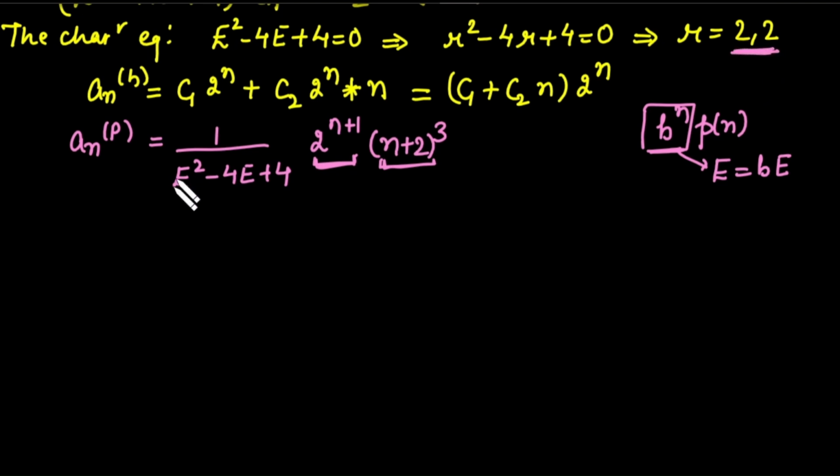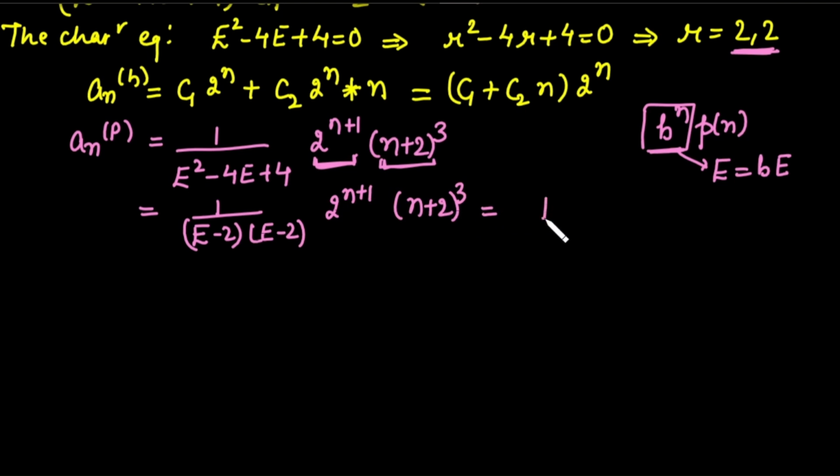Before moving to that, also observe that it has two roots, that is 2 and 2. It means we can write it in factor form, which gives the easiest form, (E minus 2) into (E minus 2). So this can also be written as 1 upon (E minus 2) whole square acting on 2 raised to power (n+1) times (n+2) raised to power 3.